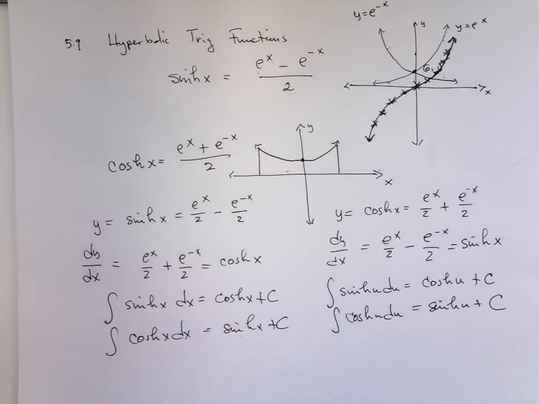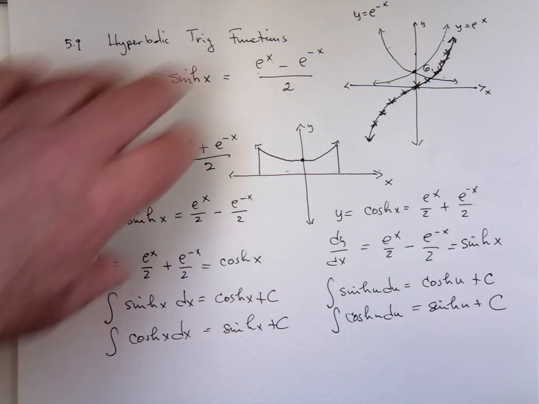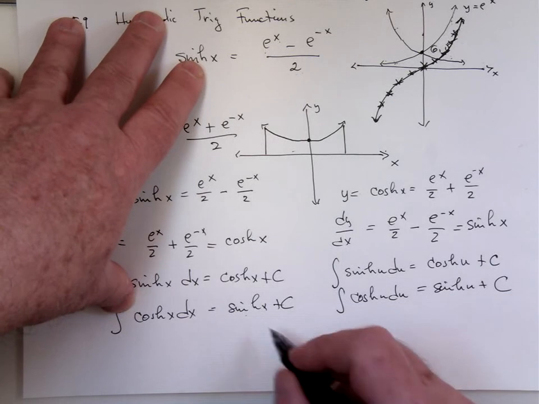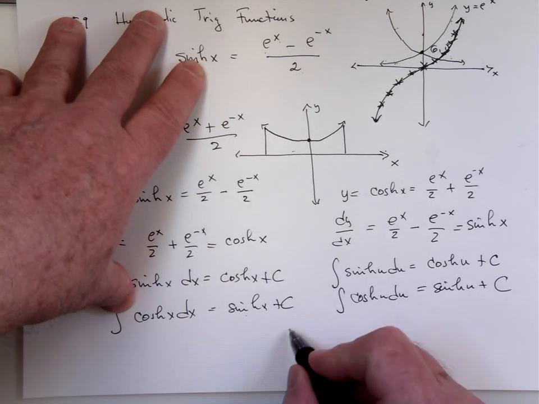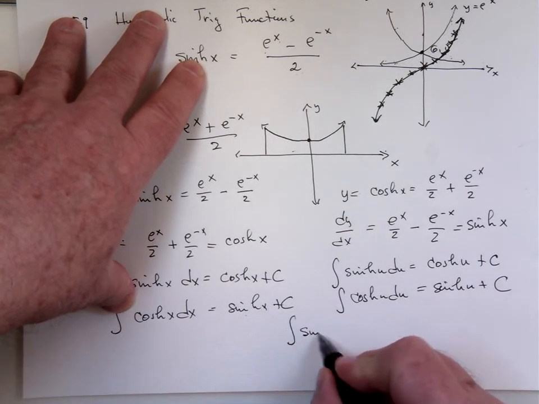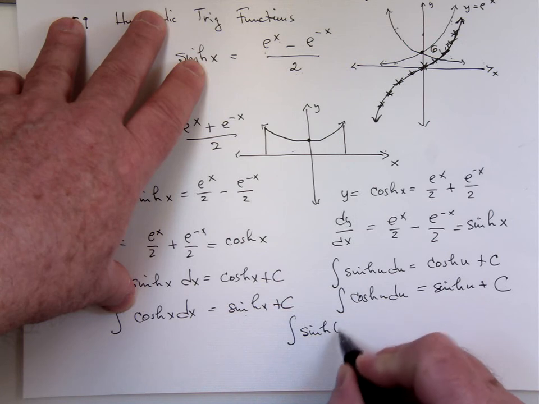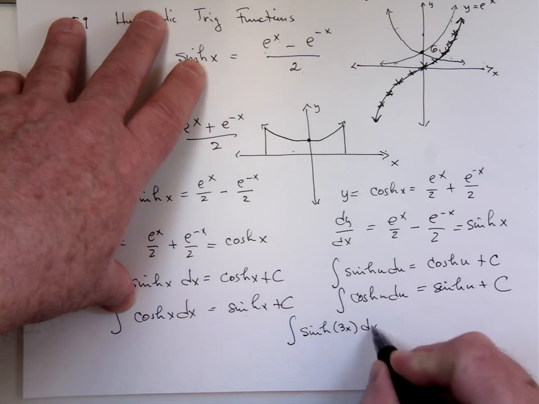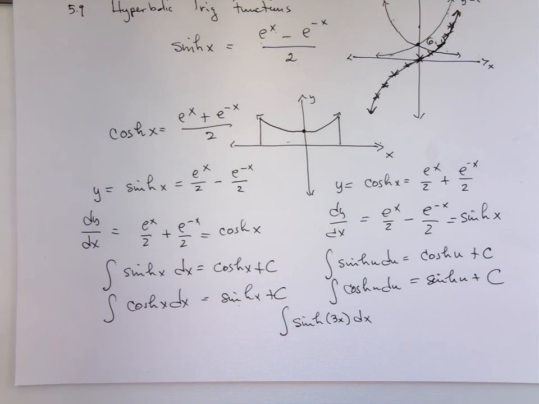So, what you may see on the test is something like this. The integral of sinh 3x dx. This could be a test question. What's the integration form here? Sinh u du. Thank you, that is exactly what it is.